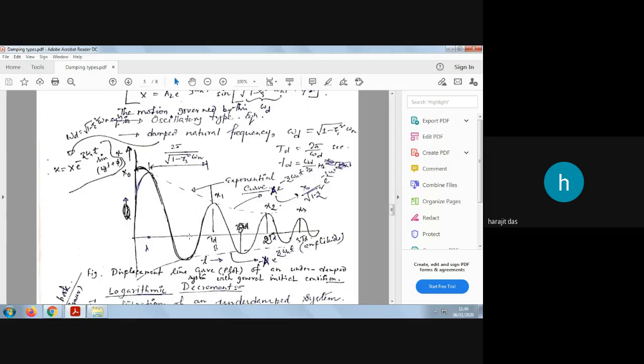This is the equilibrium line, the horizontal line, and this is for the time period, the instantaneous time t. If you plot it, you will get this kind of graph where in each cycle the amplitude of vibration keeps decreasing, and finally the body comes to rest, but after infinite time.